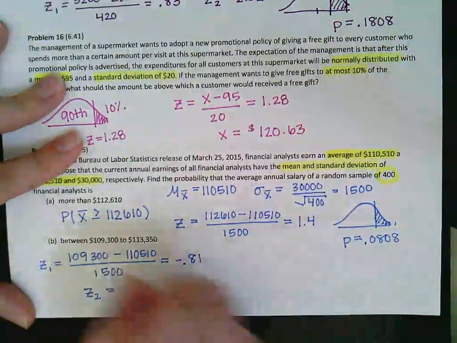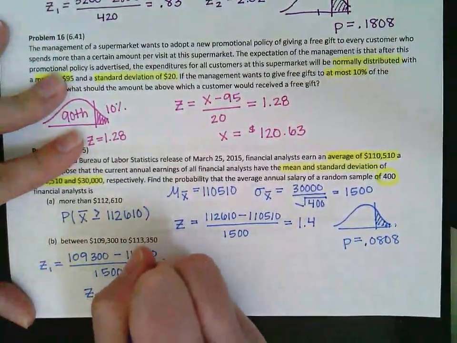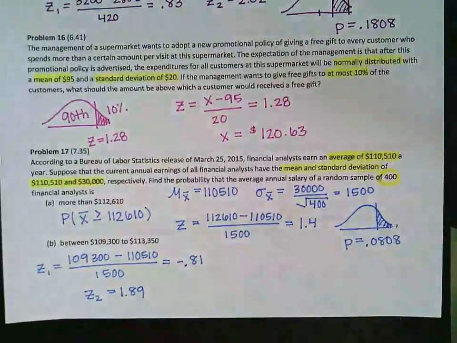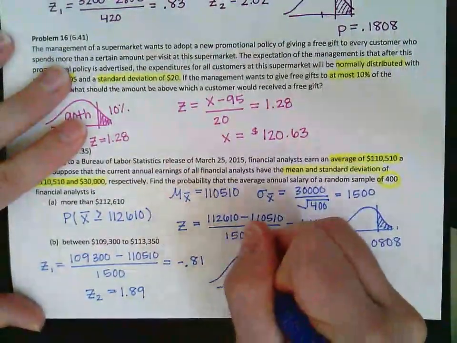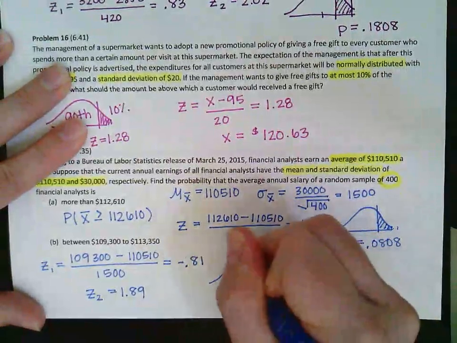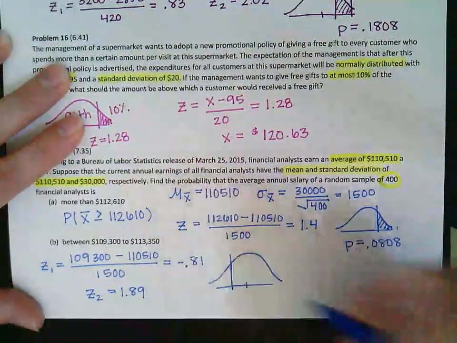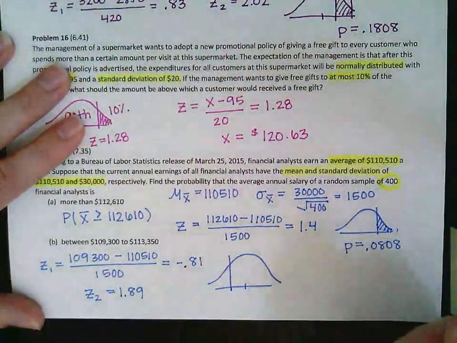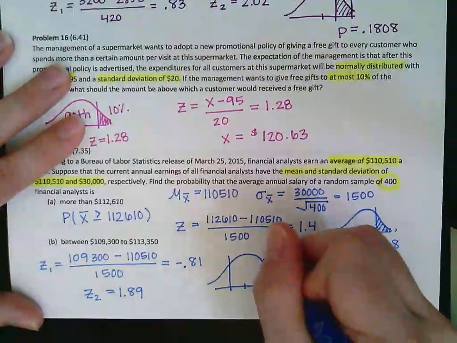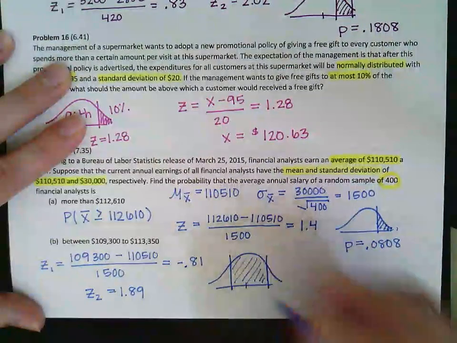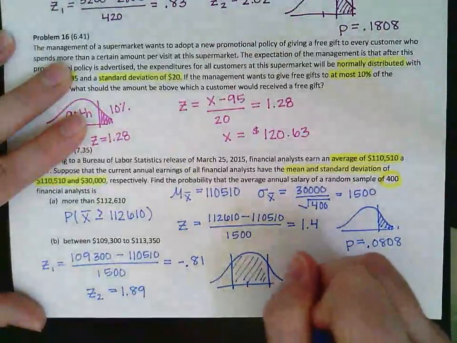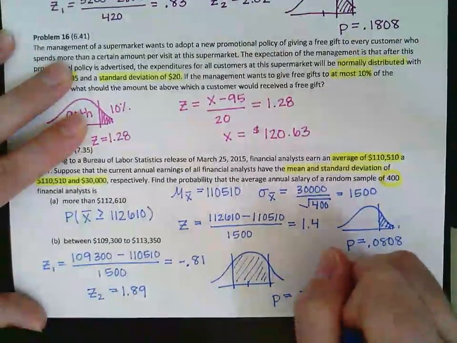For z2, I do a similar calculation and get 1.89 standard deviations above the mean. Which means for any normal distribution, I have something that is 0.81 standard deviations below and something that's almost 2 standard deviations above, and I end up getting that the probability is 0.7609.